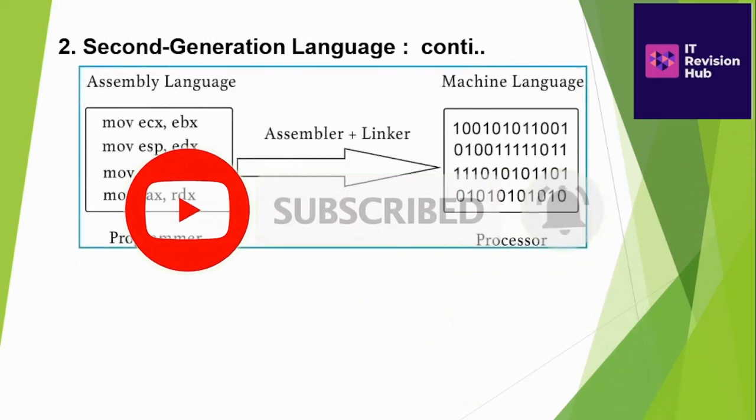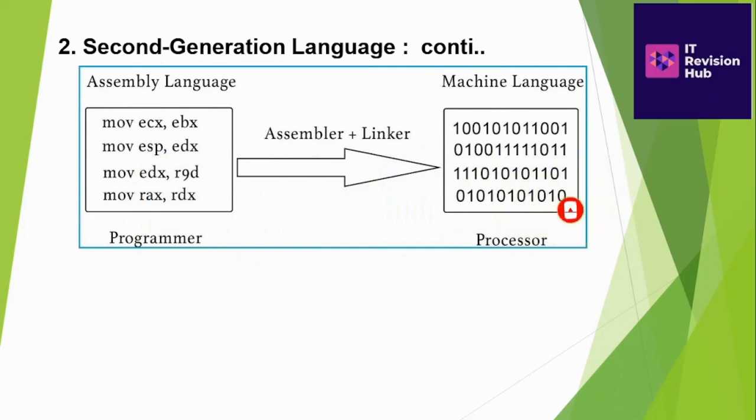This is a basic diagram which illustrates assembly language being converted to machine language. To convert a program written in assembly language, we can use an assembler and a linker. Using the assembler, assembly language can be converted to machine language.